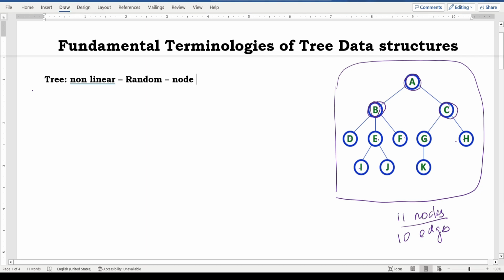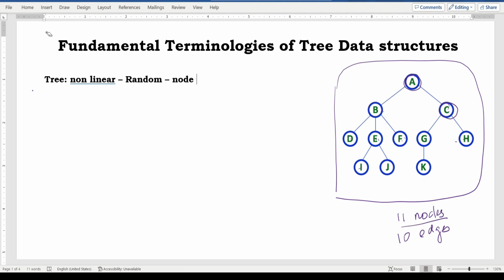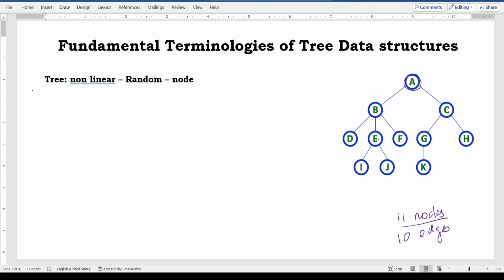Let me erase this one. Edges means this one. This is the first, 1, 2, 3, 4, 5, 6, 7, 8, 9, 10.